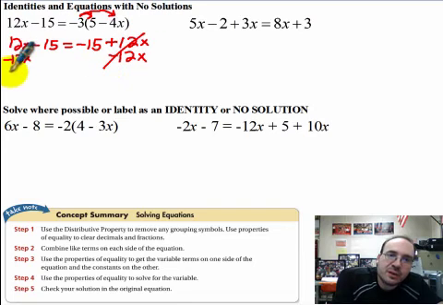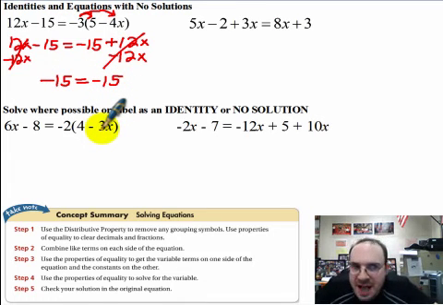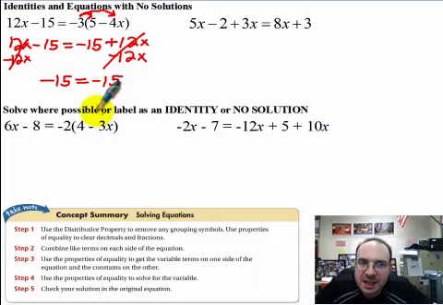That cancels, but this also cancels and the variable completely disappears. Now this does not mean that my answer is negative 15. Look at this carefully. It says negative 15 equals negative 15. That's always true.